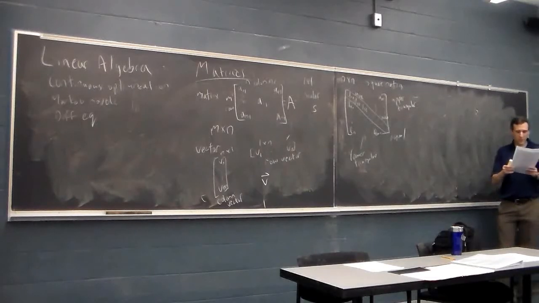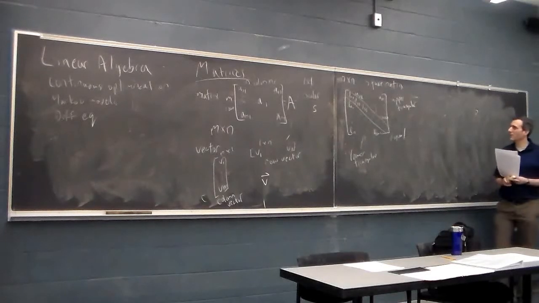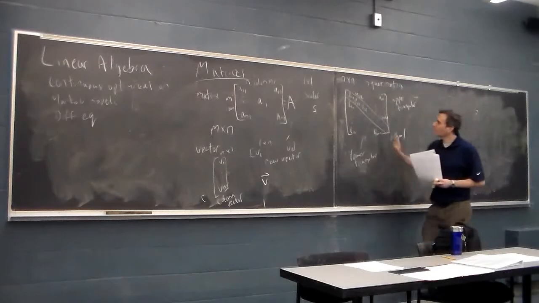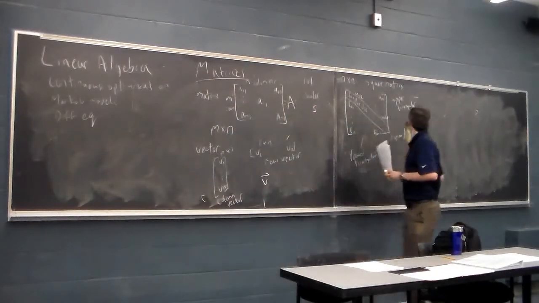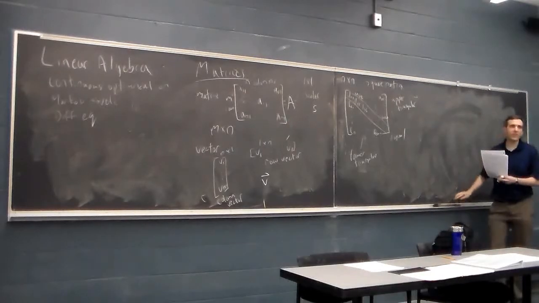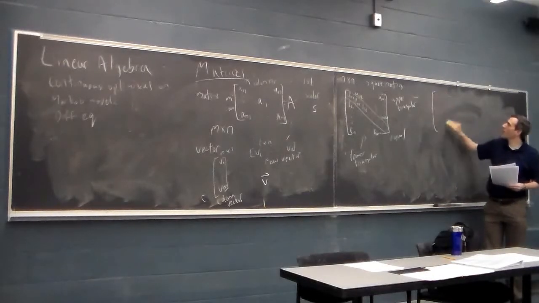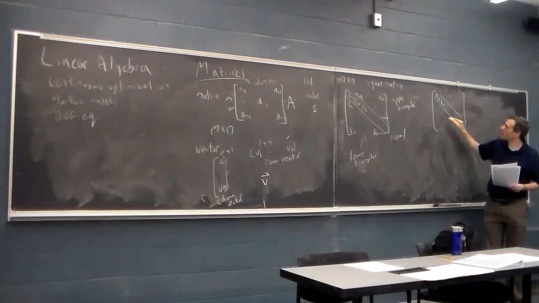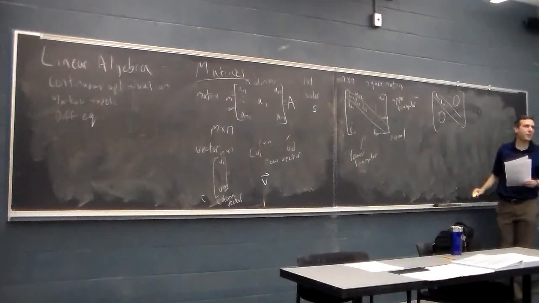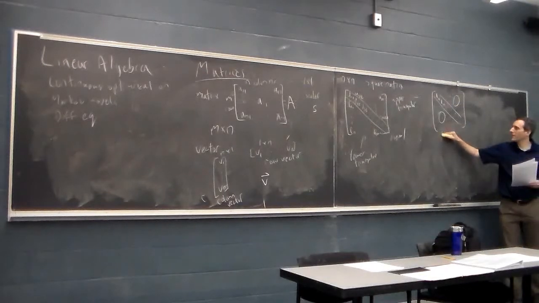We'll also sometimes refer to some special cases of matrices in which some subsets of these elements are zero. If you have a matrix that consists of all zero entries except for the diagonal, so the diagonal is potentially non-zero entries, everything above and below it is zero, then we say that this is a diagonal matrix.